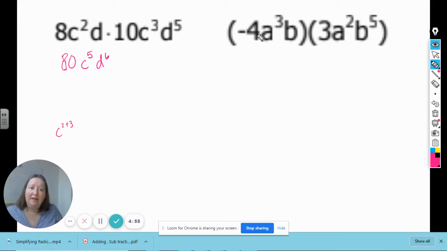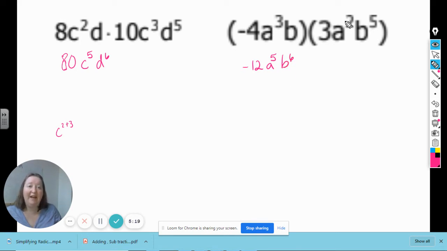-4 times 3 is -12. How many a's are there? You've got 3 over here and 2 over there, so altogether 5. You've got 1 b and then 5 more b's. Notice this exponent belongs to the a, it doesn't belong to the b. So 1 and 5, and so b to the 6th. There you go.